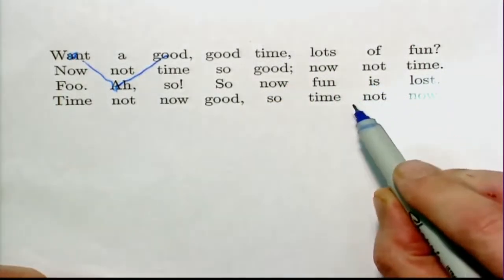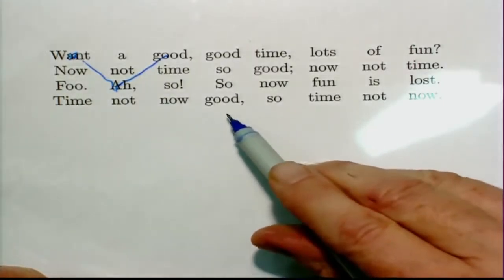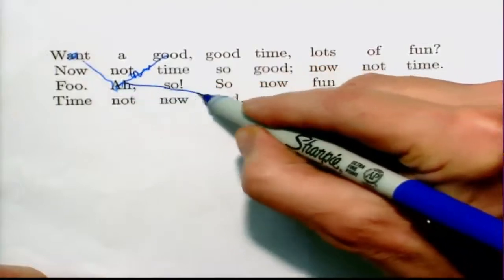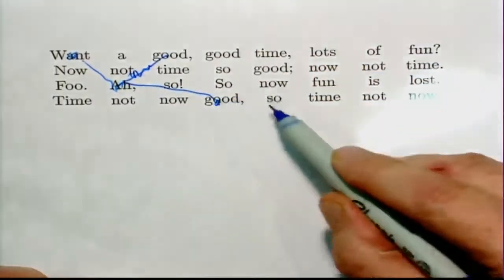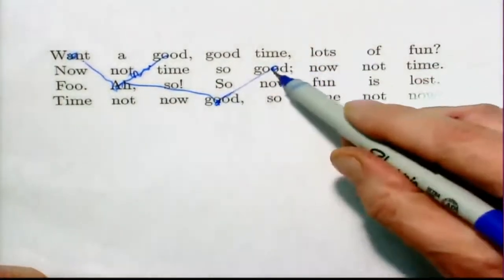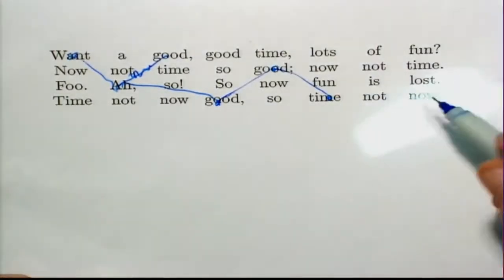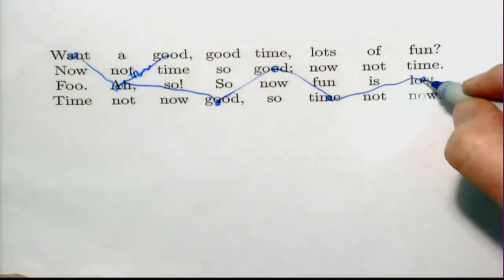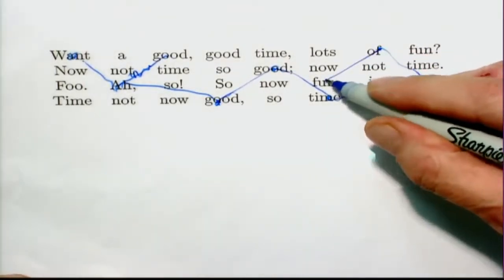Lots of fun. Okay, so let me go good. No, I'm sorry about that. Let's come down here. Good time. And then lots of fun. Well, here I have lost instead of lots, but that's poetic license. So lots of fun. Okay, right?